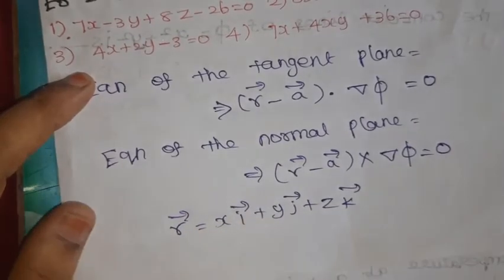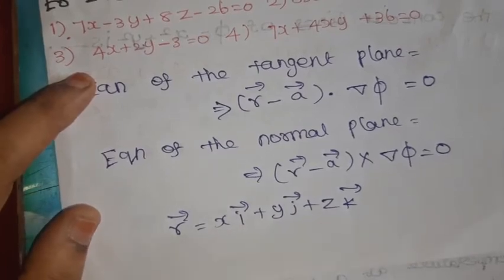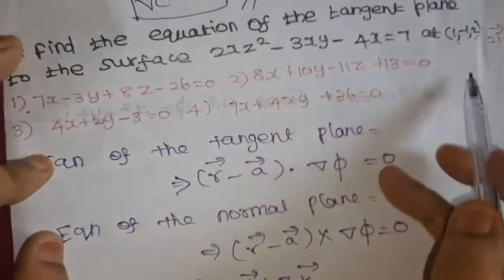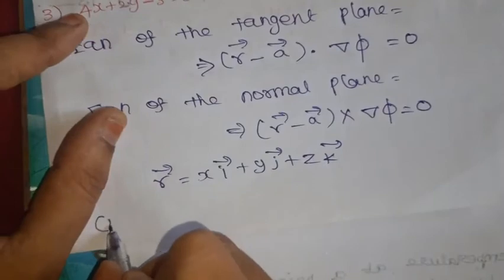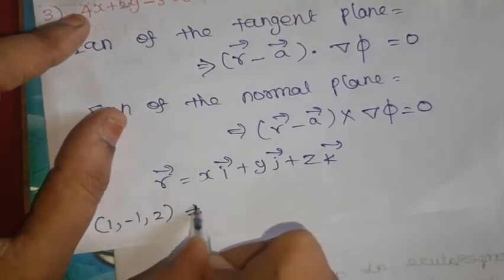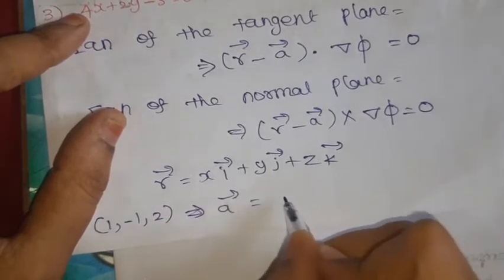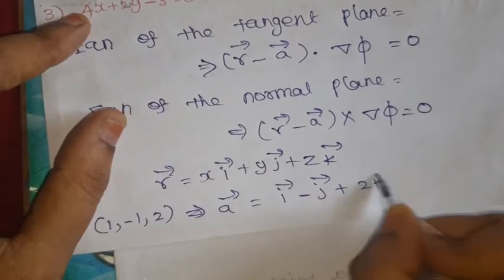So a vector we are going to find out. So next, what is that? So a vector is nothing but this given point, i minus j plus 2k, that is 1, minus 1, 2, right? So what is a vector? i minus j plus 2k.